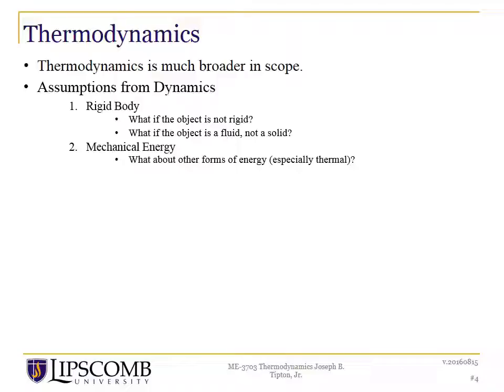Also, we limited ourselves to mechanical energy only. What about those other forms of energy that were mentioned at the beginning, especially thermal? And also, we limited ourselves to conservative forces in dynamics. Well, what about friction? Friction is the big thing that robs us of useful mechanical energy by heat conversion to thermal energy, heat transfer.